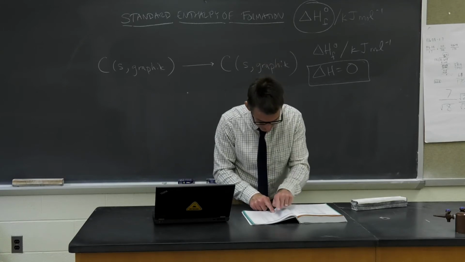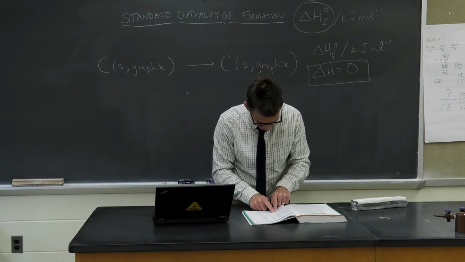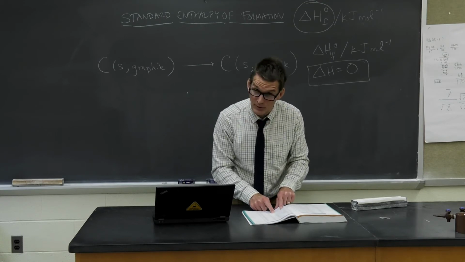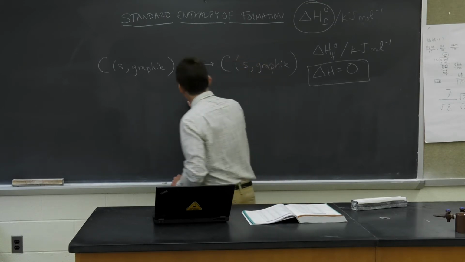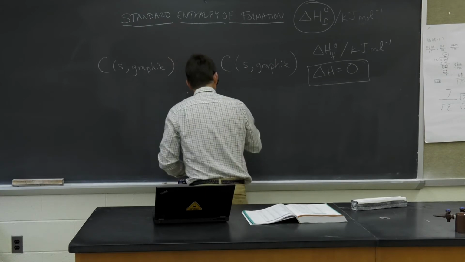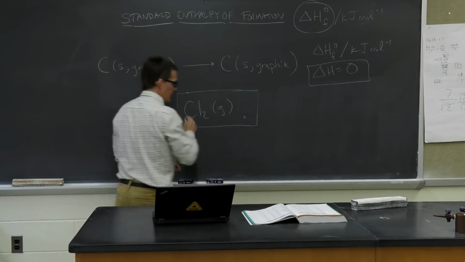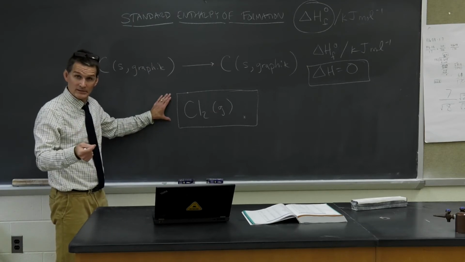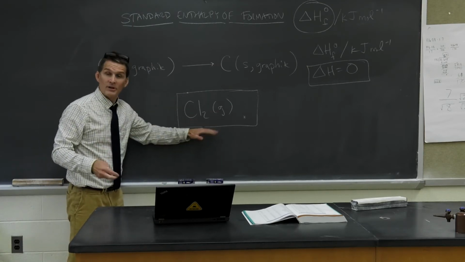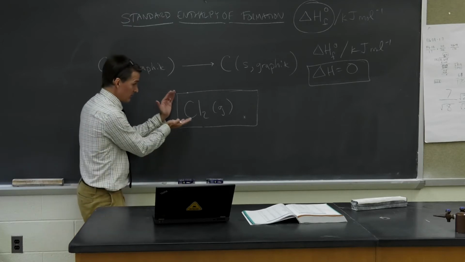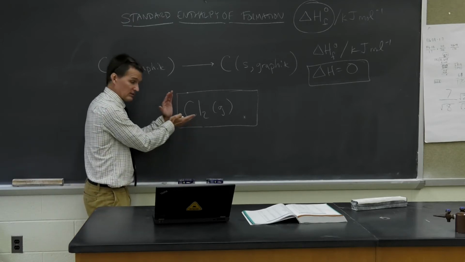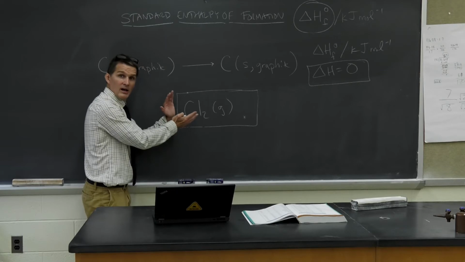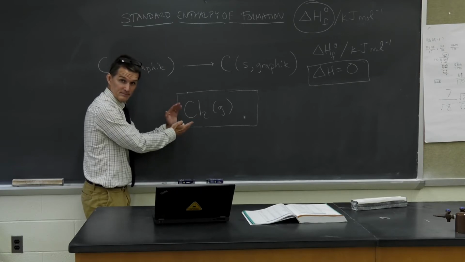There it is, under enthalpy, there's the 0, and the chemical that corresponds to it happens to be Cl2. Because the standard enthalpy of formation of diatomic chlorine gas is 0, this is the standard state of elemental chlorine.